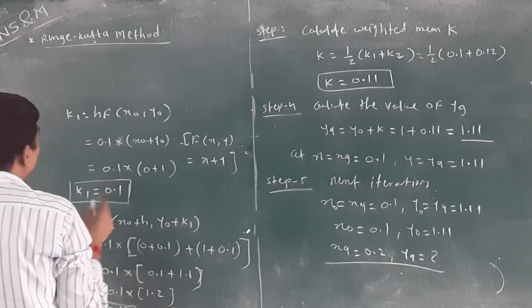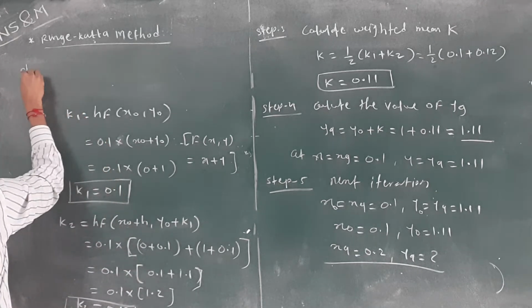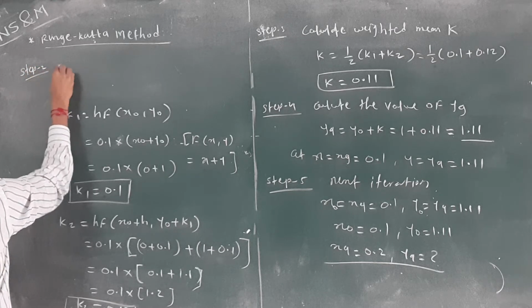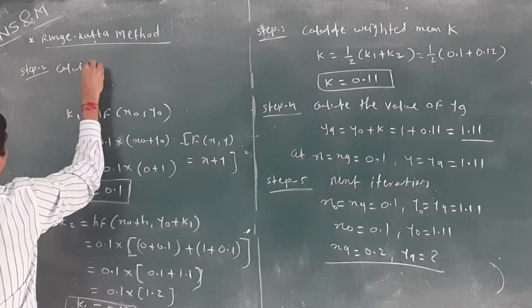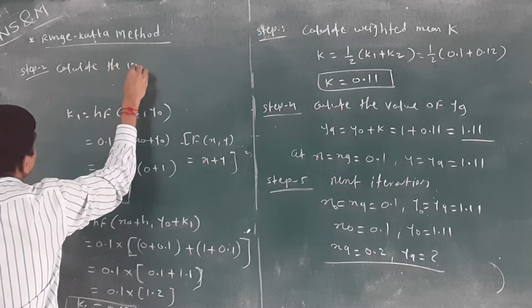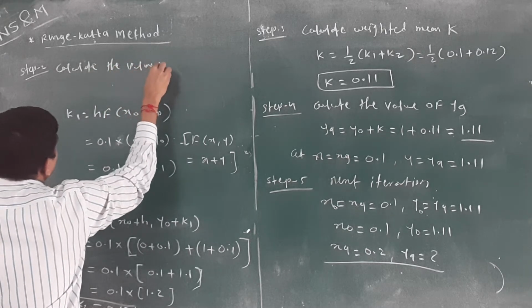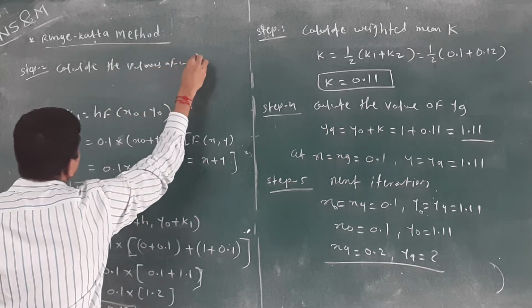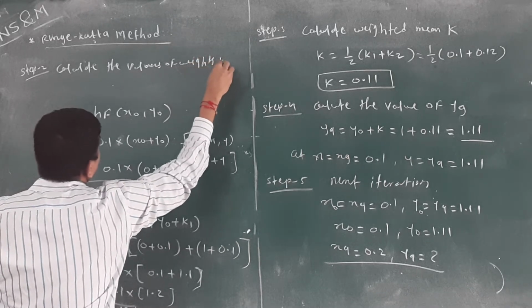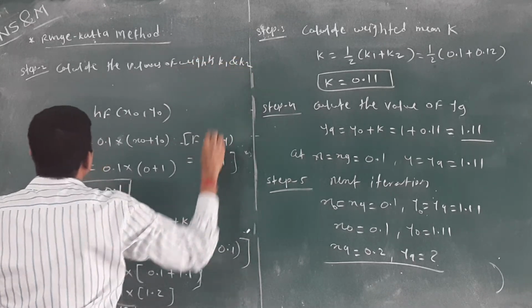Calculate the values of weights. Okay, step number 2. What is our step number 2? Calculate the values of weights K1 and K2. How to calculate that value?